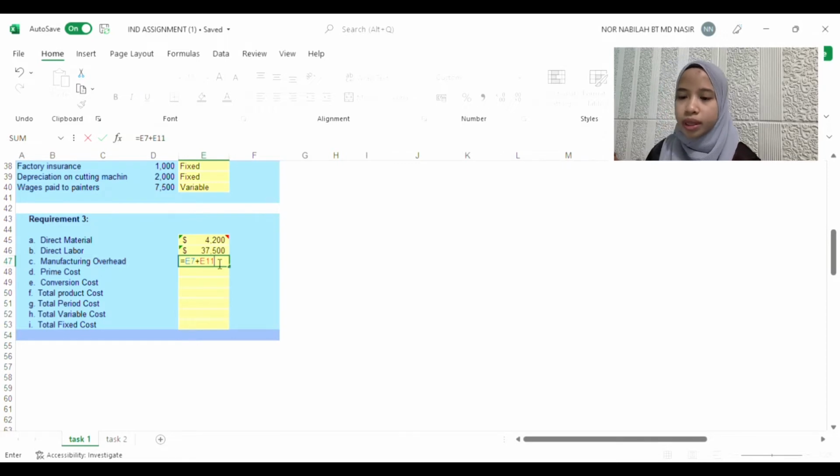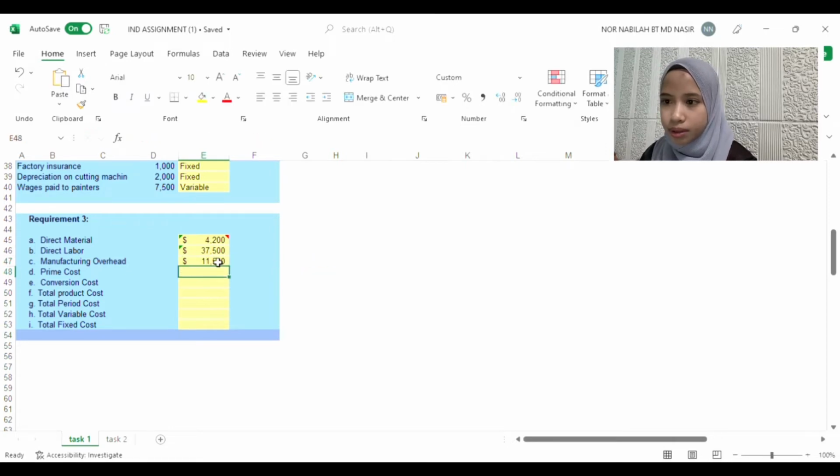And then we add all the amounts: E7, E11, E12 plus E13 plus E14 plus E17 plus E19 plus E20, and then the amount is 11,500.